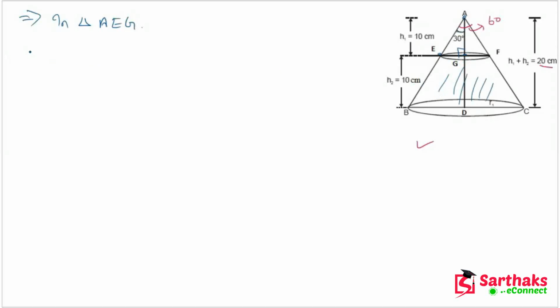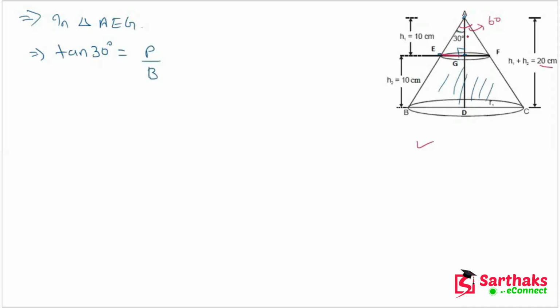We know that tan 30 degree is perpendicular upon base. In this triangle, perpendicular is EG and base is AG.